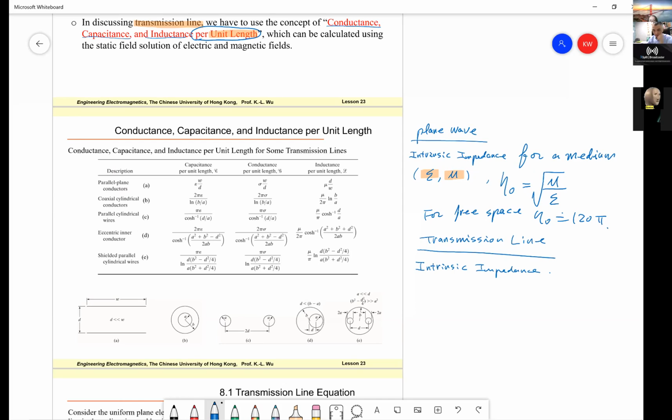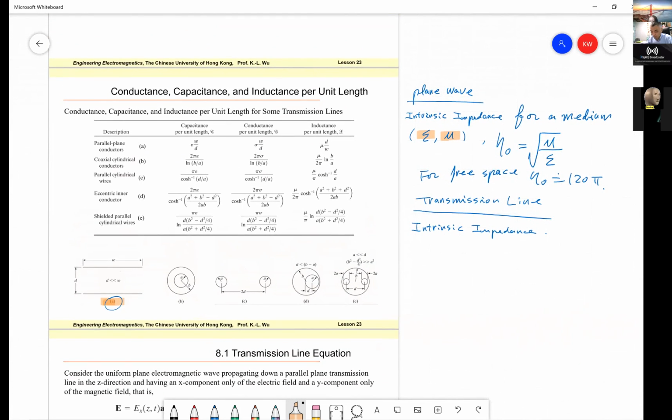You see, for example, for parallel plate transmission line, we know its intrinsic impedance. Let's see, for coaxial, capacitance, inductance. Oh, I didn't give intrinsic impedance.